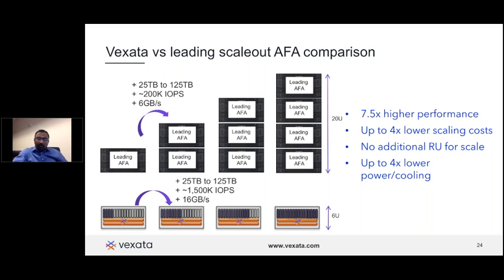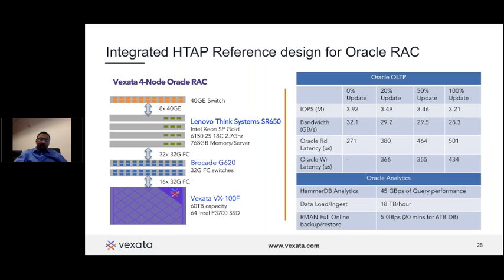So there's a lot of reason why Vexata should be used for consolidation of some of these Oracle workloads. And if you go to the next slide, the holy grail for us is the HTAP reference design, and we have come up with reference designs that we provide to our end customers with Lenovo and Supermicro servers.